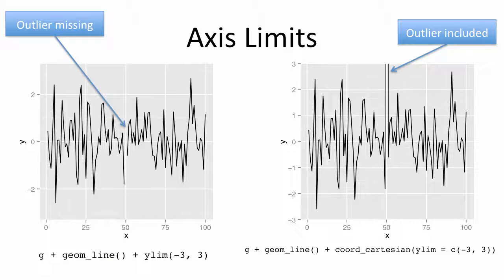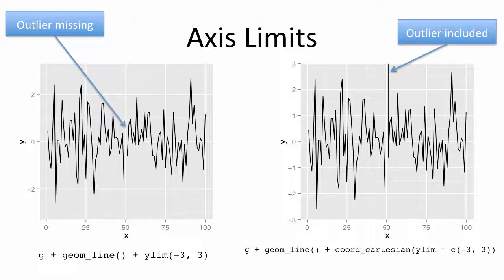And so the first is that on the left-hand side, you might think, well, I'll just change the y limits to be in the range of most of the data, between -3 and 3. The issue here is that what ggplot will do is it will subset the data to include the values that are between -3 and 3. And so of course the outlier is not included in this data set, and so you won't see that data point in this plot. So you can see this clearly where the outlier is missing, the lines are not connected, but then everything else is connected afterwards.